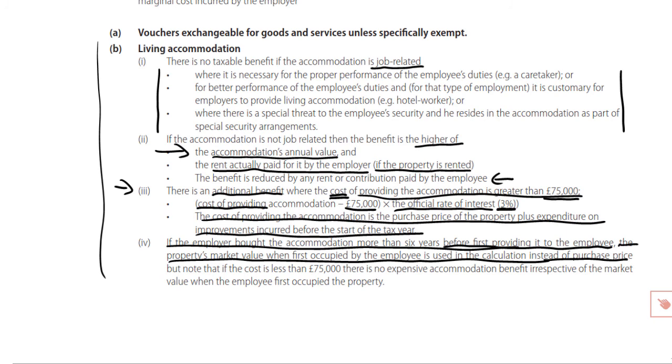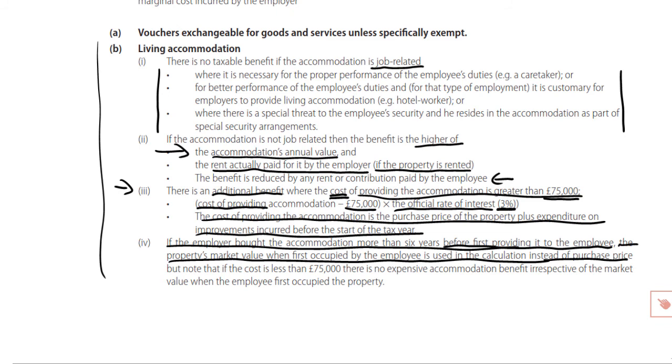So if you were told that the company had originally acquired the property in 2006, so some 10 or 11 years prior to now, then they bought it in 2006 at a cost of £100,000. As the cost is 100, it's more than 75, it's expensive accommodation. So there is an expensive accommodation benefit to compute.